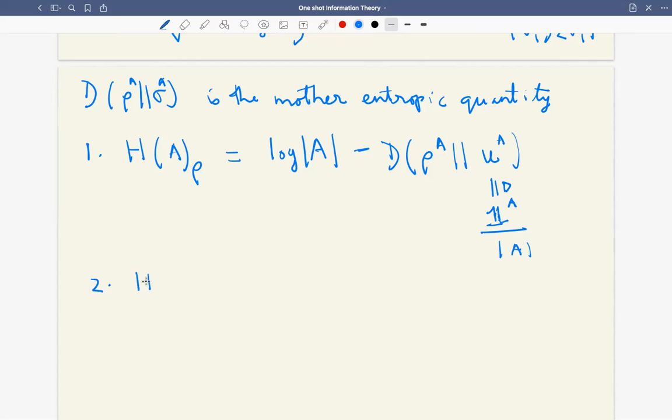So if I'm talking of the entropy of A given B under rho, now of course rho is a joint system on AB, so there is this underlying rho AB somewhere.